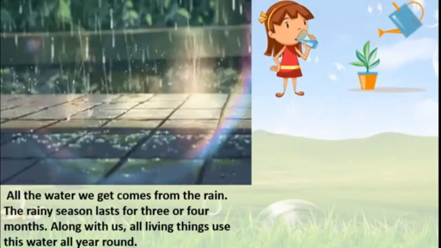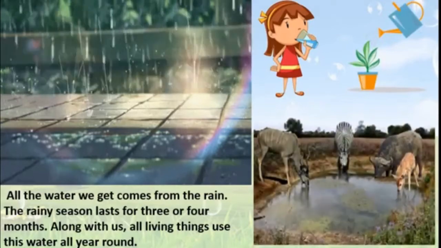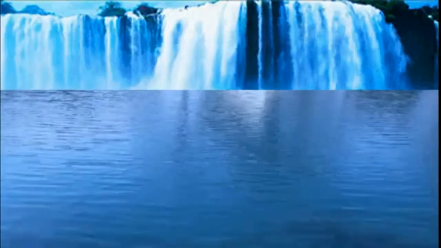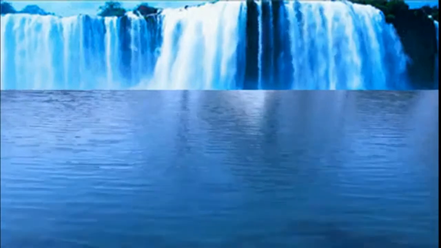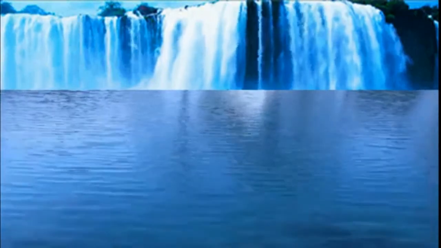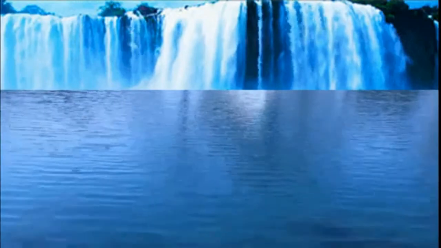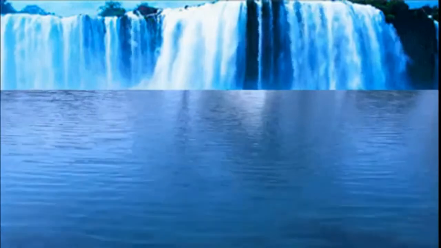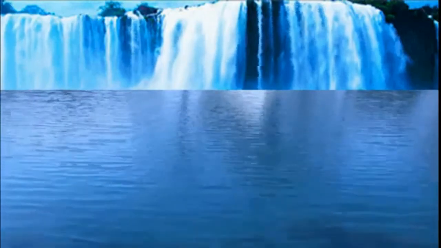See, we need water, plants need water, all animals too need water for their daily life. If we do not store water, we will not have enough water for our needs. That is why we have to save water. Water must be used economically.